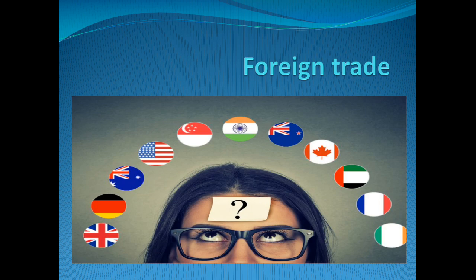But this part of trade also had a lot of issues with the colonial government being in India. So how did India overcome the foreign trade issues with the colonial government? We shall see about it.